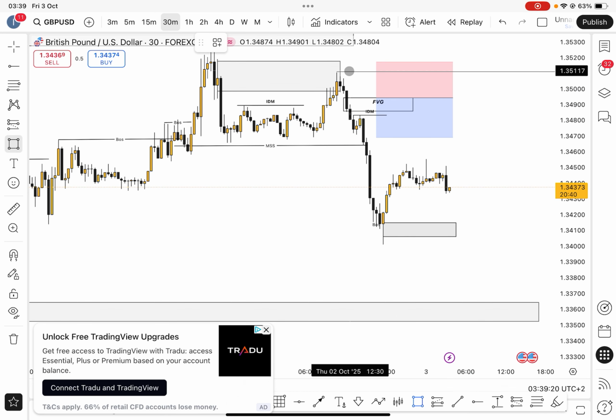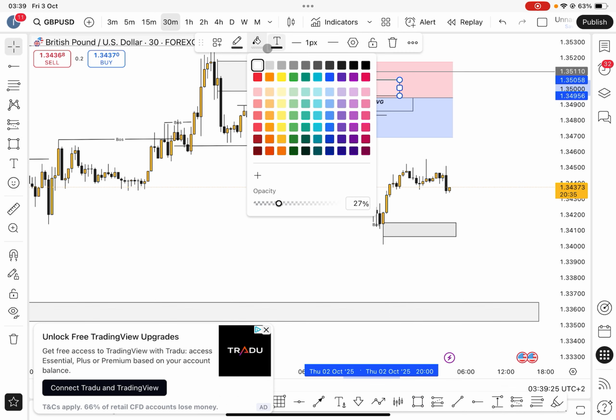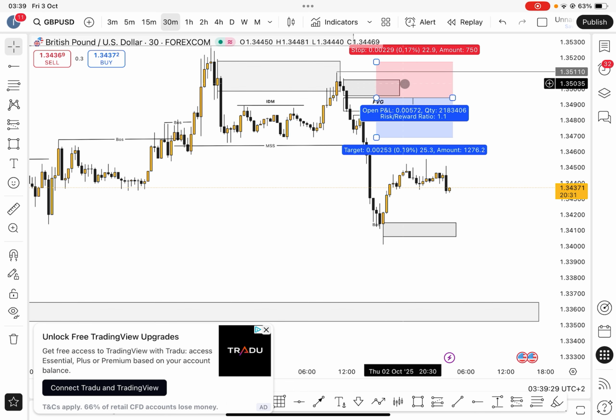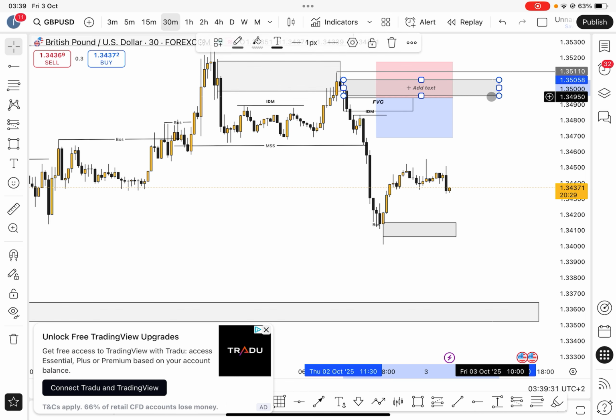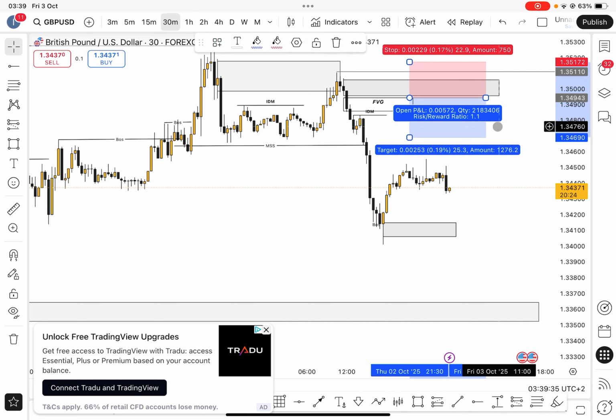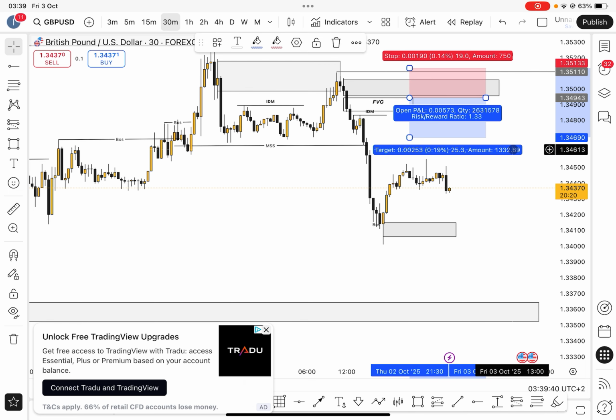This is the order block here. So this is how I'm going to be waiting for this trade. I'm going to wait at this FVG mostly, then my stop loss will be above.